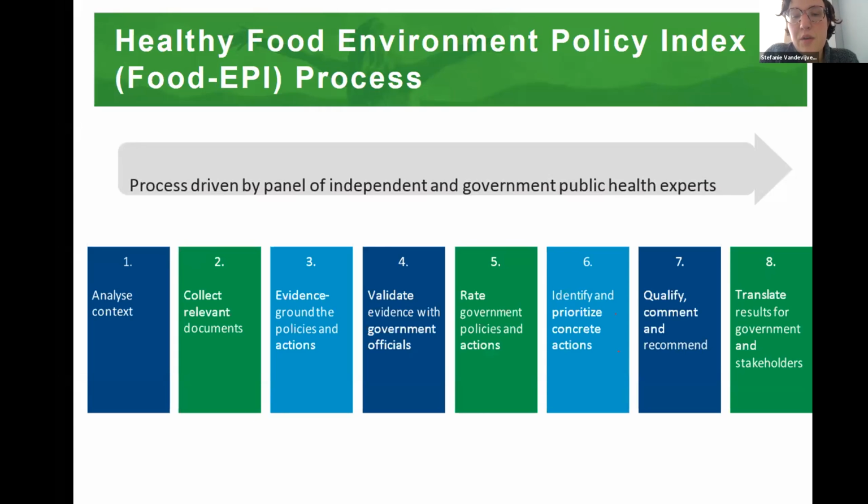The next step in the process, with the same expert panel, is to come up with concrete, context-specific actions that can address the implementation gaps identified in the previous step. This list of actions is then put forward for prioritization, because usually countries come up with quite a long list, and so it's good to have some priority recommendations.